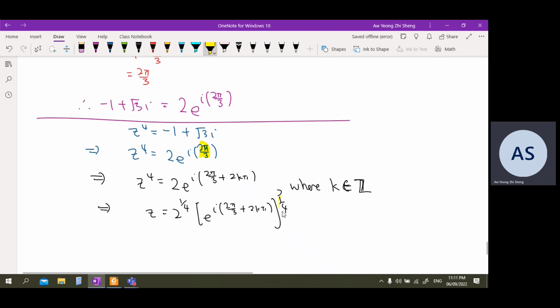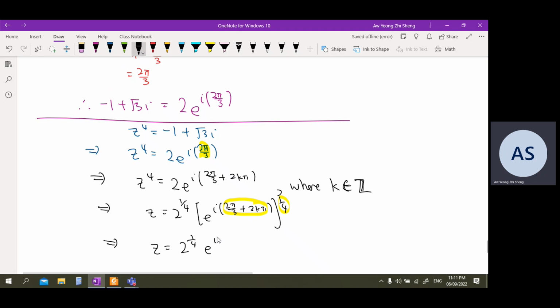So this 1/4, I'm going to multiply it into the 2 pi over 3 plus 2k pi. In 2 power 1/4, some people prefer to write it as a fourth root of 2. You can do that. However, this time I will just leave it as 2 to the power of 1/4. It doesn't really matter. Okay, I don't need this square bracket anymore.